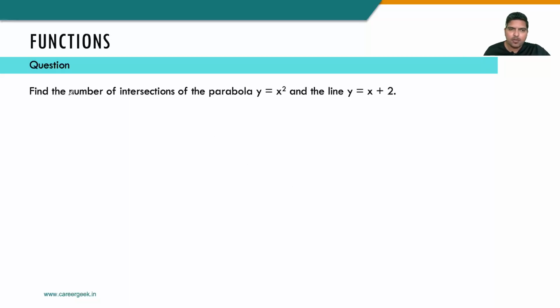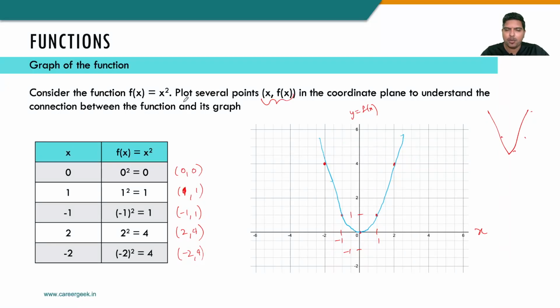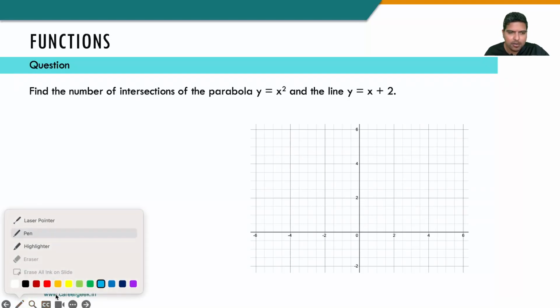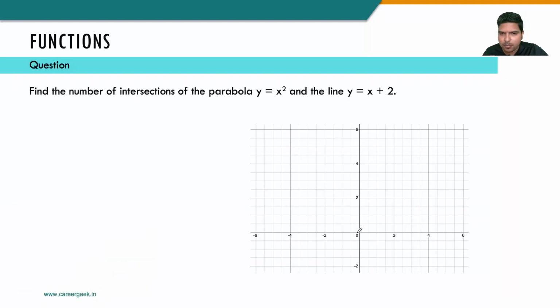Okay, a similar question we have solved previously also, in equation of circle, I guess. Find the number of intersections of the parabola and the line. Okay, so we have used the same parabola. What we'll do is we'll quickly draw the graph again of f of x.